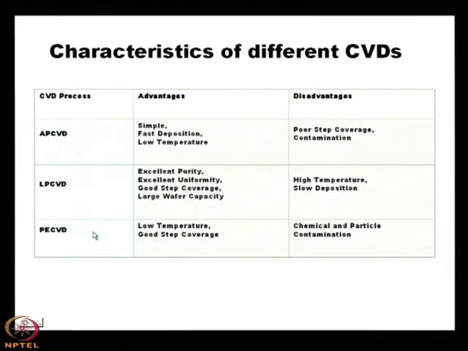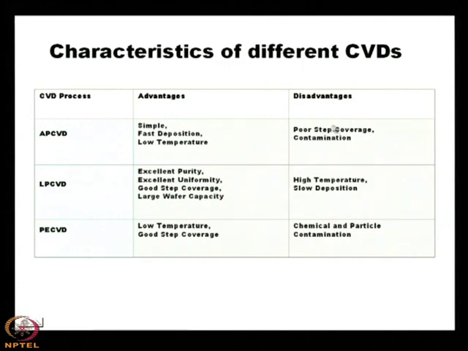So, all the CVDs have their own characteristics. In some cases you will find that the temperature is low, in some cases the coverage is better, in some cases the wafer handling capacity is better in LPCVD than APCVD or PECVD.